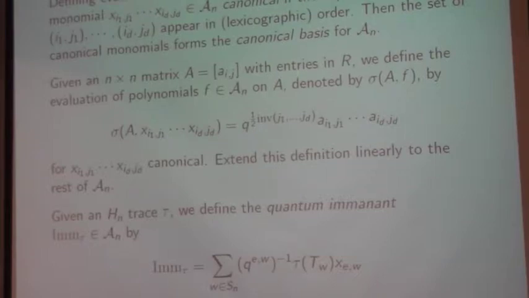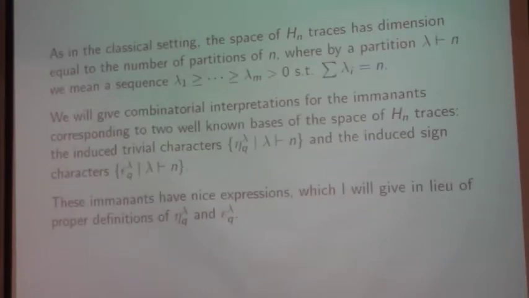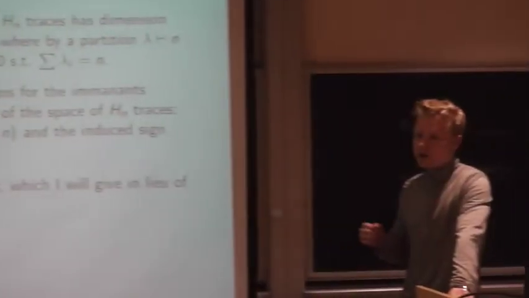What kind of combinatorics can we do with these? Well, we're not going to be able to take any arbitrary immanant and evaluate it, so I'll focus on two families of immanants. The space of Hn traces, it turns out, has dimension equal to the number of partitions of n, where by a partition I just mean a weakly decreasing sequence of positive integers adding up to n.